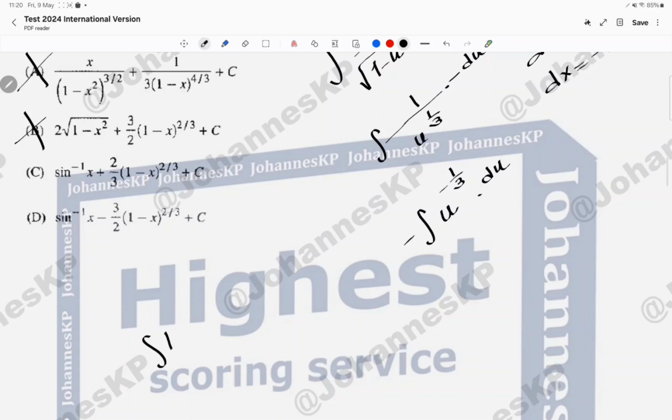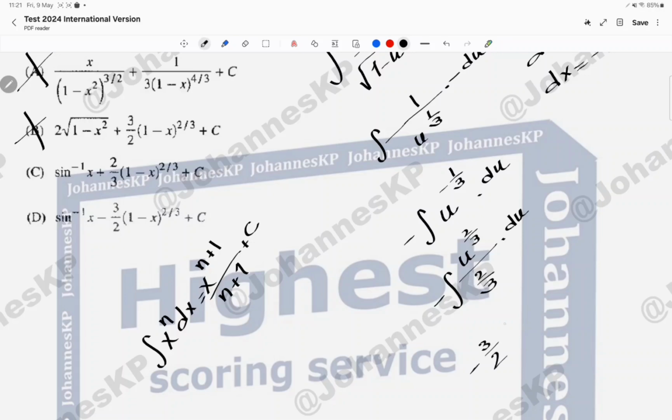What was the integration rule? x to the m plus 1 over m plus 1, plus c. So here you should add 1, giving 2/3, and divide by the same exact power. Now this 2 over 3 gets flipped when you bring it to the top, so it becomes 3 over 2, plus c.